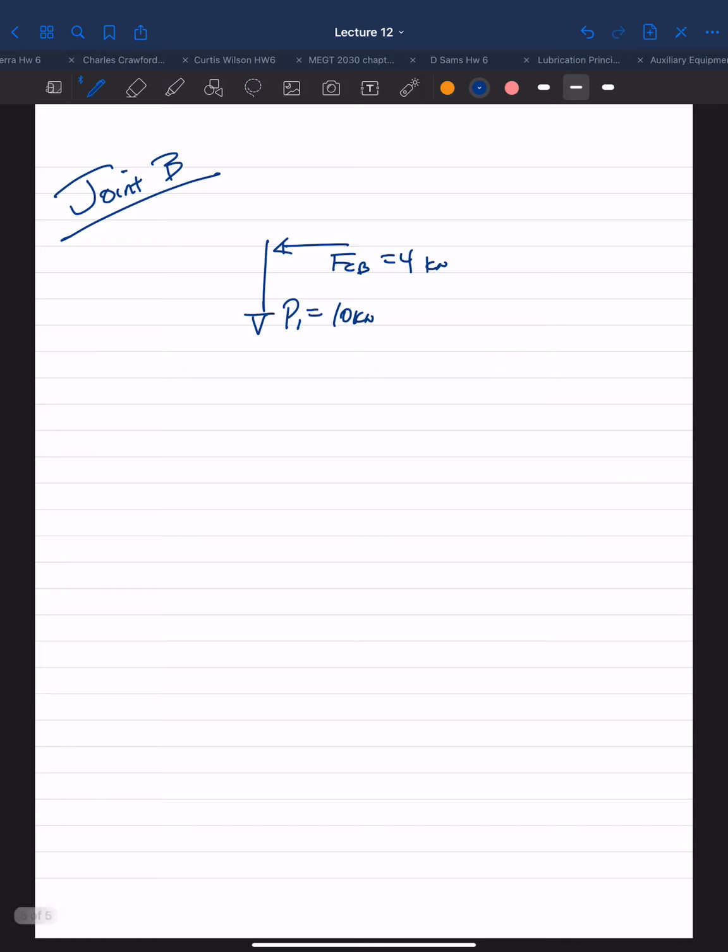You have your FEB, which we said was 11.3 kilonewtons.